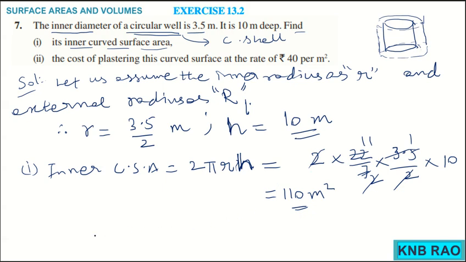Now moving on to the second part. Find the cost of plastering this curved surface area at the rate of 40 rupees per meter square.